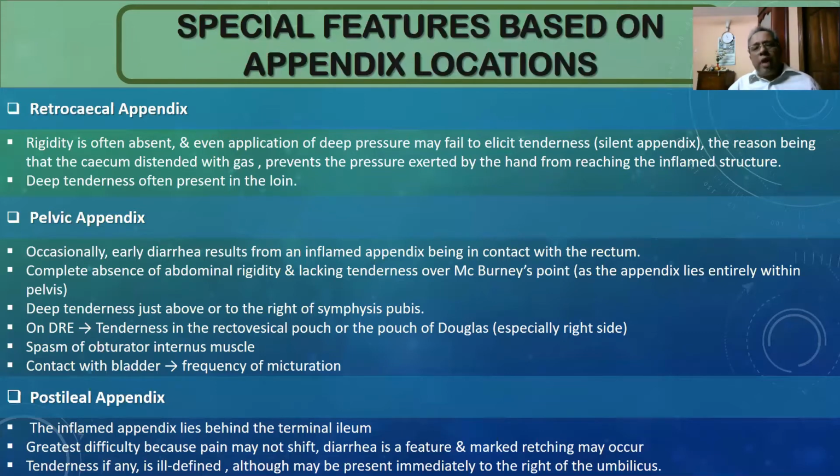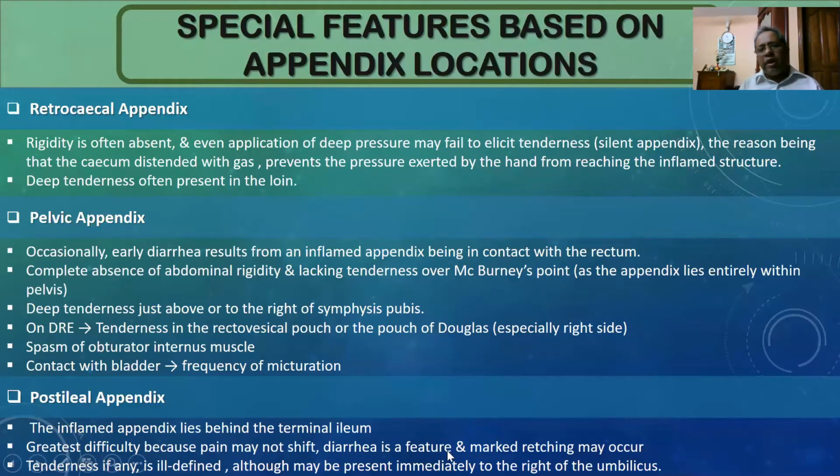Another one is the post-ileal appendix. The appendix lies behind the ileum, so the inflamed appendix irritates the ileum, and that irritation causes increased frequency of motion. The inflamed appendix lies behind the terminal ileum. This is the greatest difficulty, because pain may not shift.